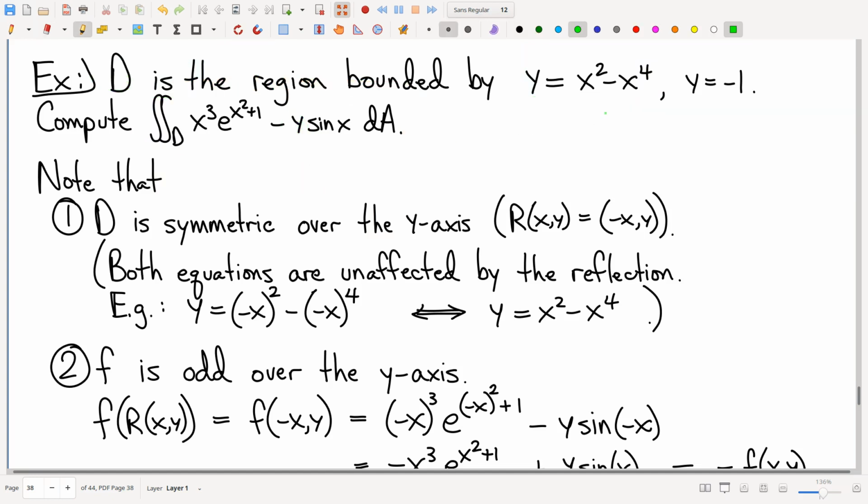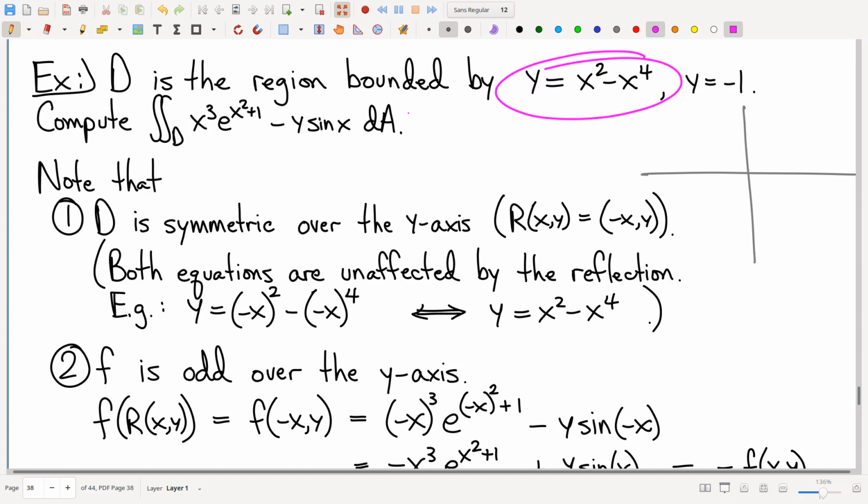All right, so this is a nightmarishly inconvenient integral in reality. Okay, so now we have to be careful about this. You can't just make symmetry arguments willy-nilly. We do need to think it through and make sure everything applies. So first, let's look at our domain. Quick drawing of our domain. Let's look at that curve first. x squared minus x to the fourth. Flashbacks to Calc 1, right?